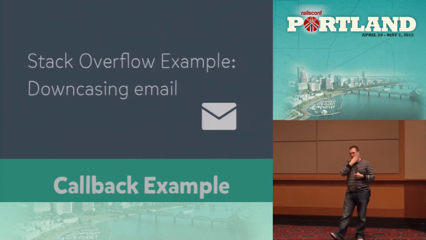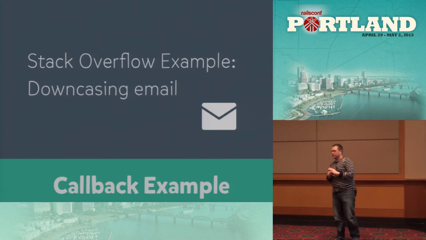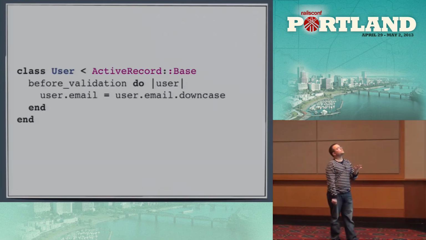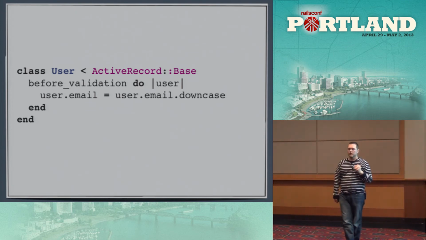But that's a little hard to grasp, so I've got two examples here. One is the Stack Overflow example, code that's not crazy useful, but it's illustrative. We've got a user, and before validation, I want you to downcase the emails.